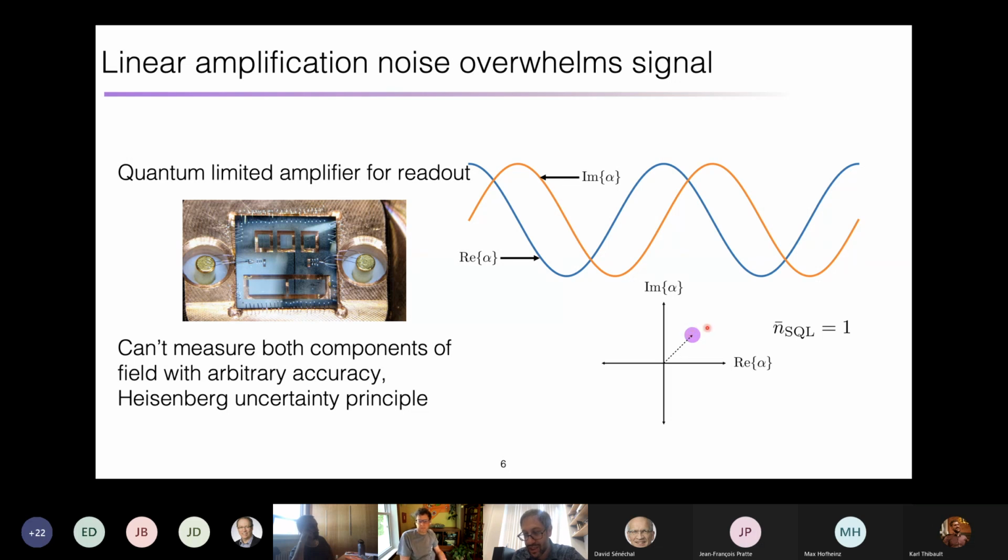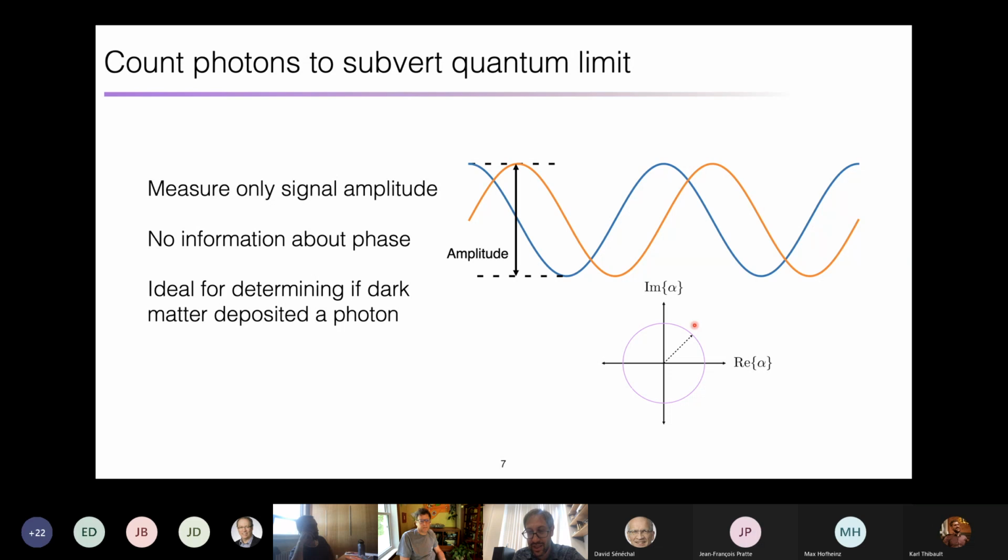But as you go to higher frequencies, at several gigahertz, in a dilution fridge, there is no noise. So you're actually dominated by this extra photon from the standard quantum limit. And so the question is, can you get around this? The basic trick there is that if you can measure only the amplitude and have no information about the phase, then your uncertainty could look like this.